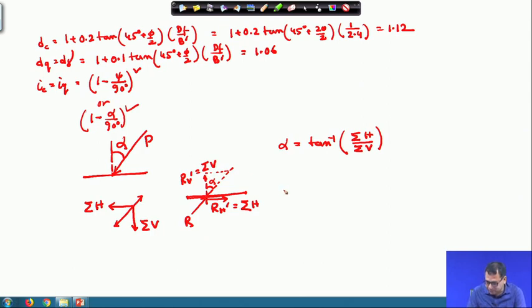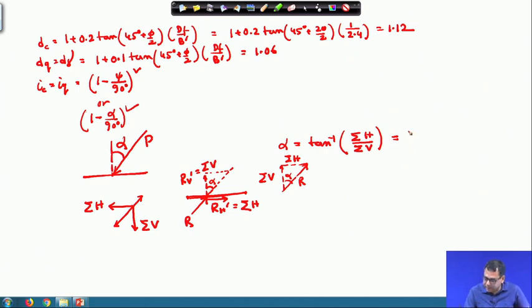I can write that the reaction is acting R, this is alpha. This one is the summation of all vertical forces, this is the summation of all horizontal forces. So, alpha will be tan inverse of the summation of all horizontal forces divided by the summation of all vertical forces.